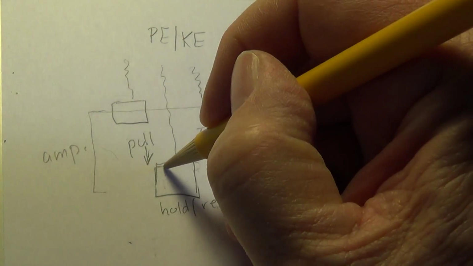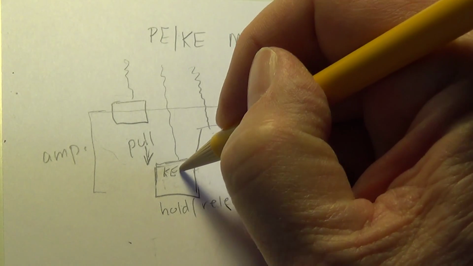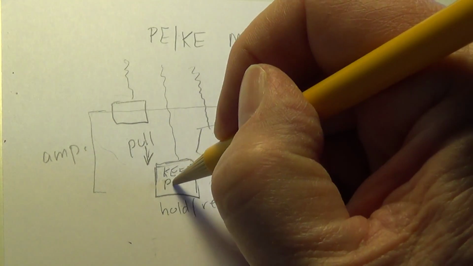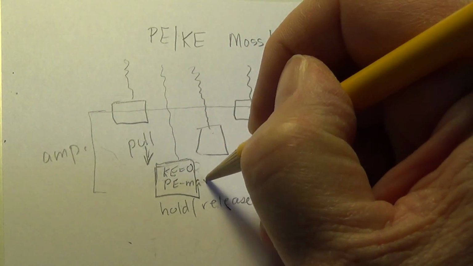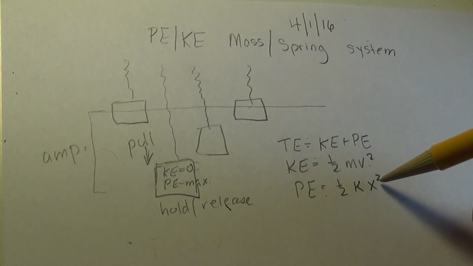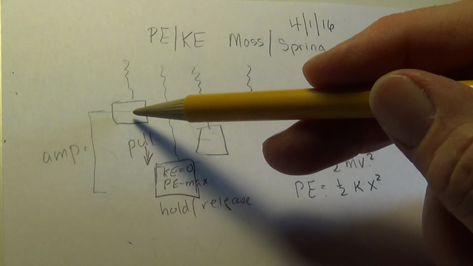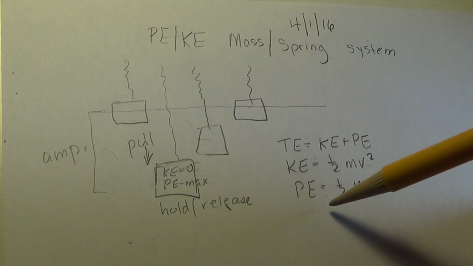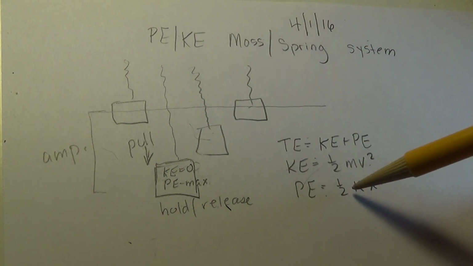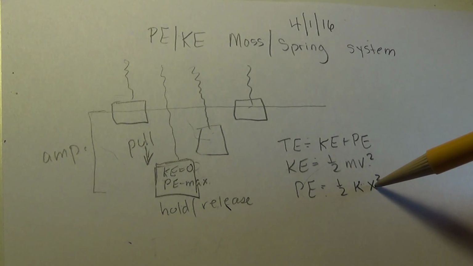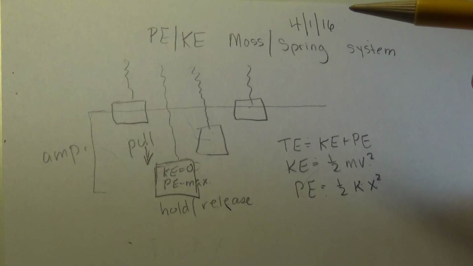So at this point, kinetic energy is 0 and potential energy is at a max. And that should bear up with this formula because x is at amplitude. So it's the furthest away that it's going to be, so it's going to be the biggest number. 1/2 k, spring constant, x squared. X is at the max at amplitude.